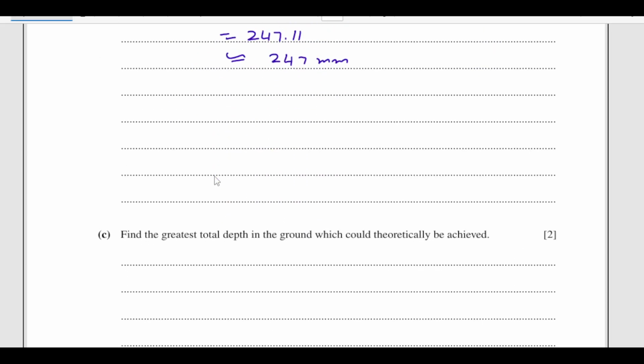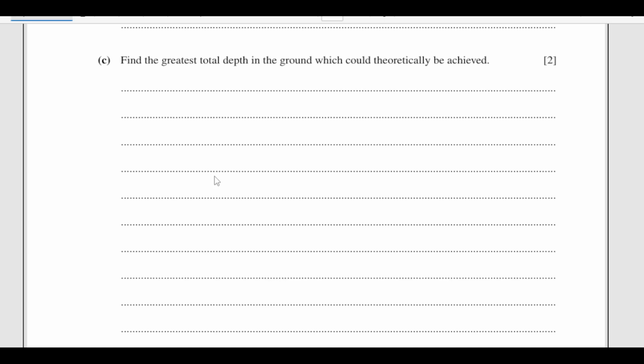This is a 2 marks question. Now next one, find the greatest total depth in which the ground could theoretically be achieved. So they have to dig until they achieve the ground right down there. So find the greatest total. Total means the sum. So greatest means it never stops.